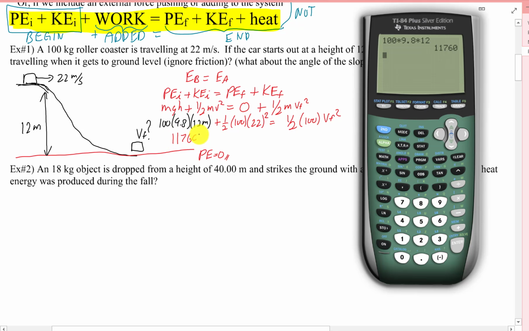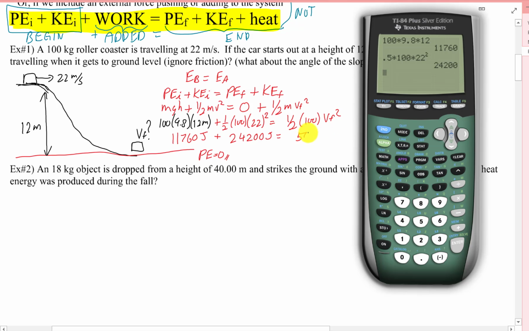Plus the kinetic energy, 0.5 times 100, which is 50, times 22 squared, 484, that's 24,200 joules. And that has to equal 1/2 times 100 times vf squared. So that's 50 vf squared.